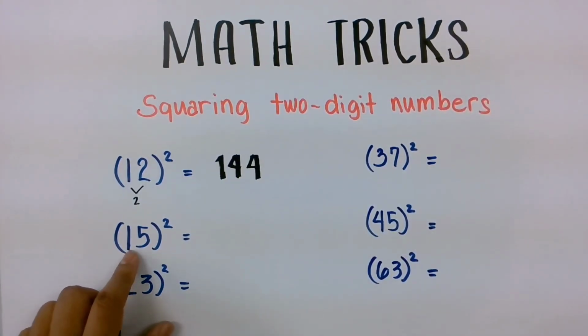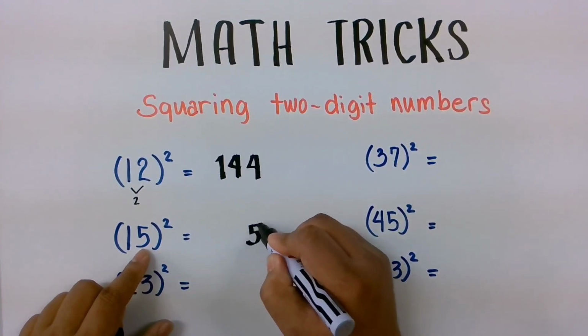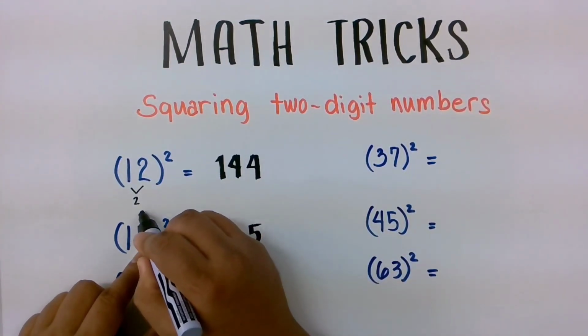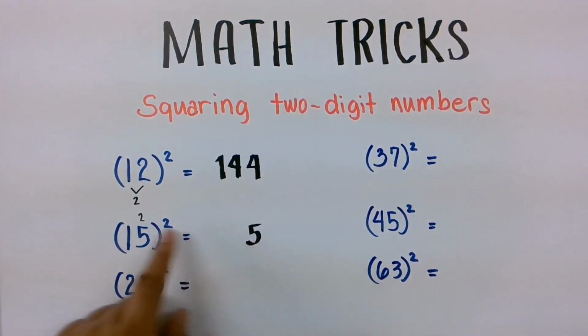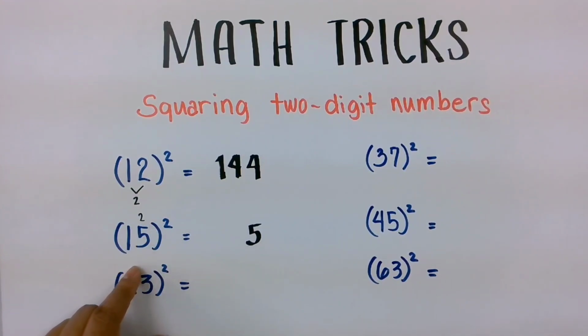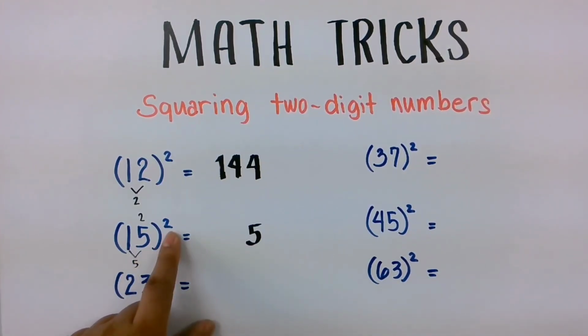Okay. So, let's try another example. So, we have 15 squared. So, the square of 5 is 25. Lagyan natin dito yung 5. Tapos, i-carry natin yung kanyang tens digit. So, 25, lagyan natin doon yung 2. And then, 1 times 5 is 5. 5 times 2 is 10.